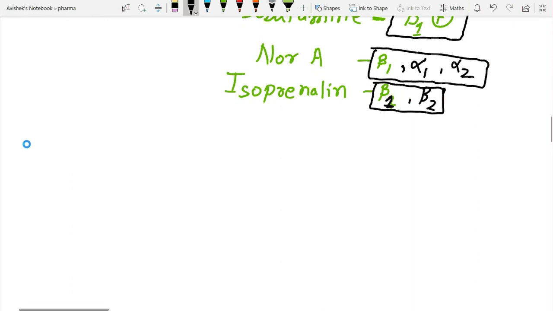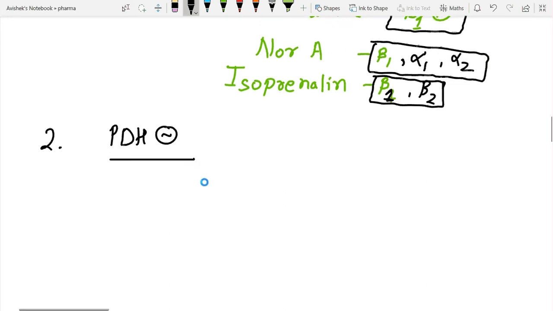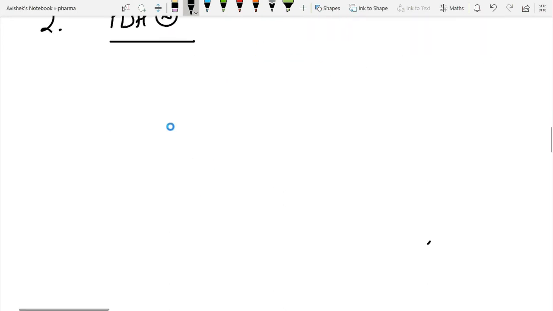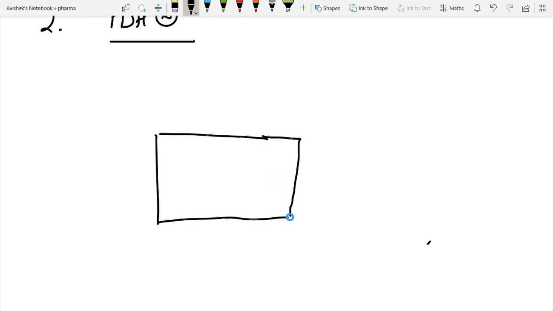Now the next mechanism. In the second, we will block some enzyme, PDE. What is this PDE? Phosphodiesterase inhibitor. How does this phosphodiesterase work? Imagine this is a heart cell. In this there is a receptor.